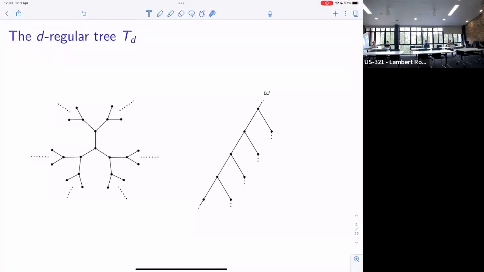And whenever we have a boundary point of this tree, which we call the ends of the tree, say omega, it's often useful to draw the tree in this formation here, where we identify an infinite path extending out to this end omega of our tree, and we draw the other vertices of the tree below this infinite path. So these are the D-regular trees.